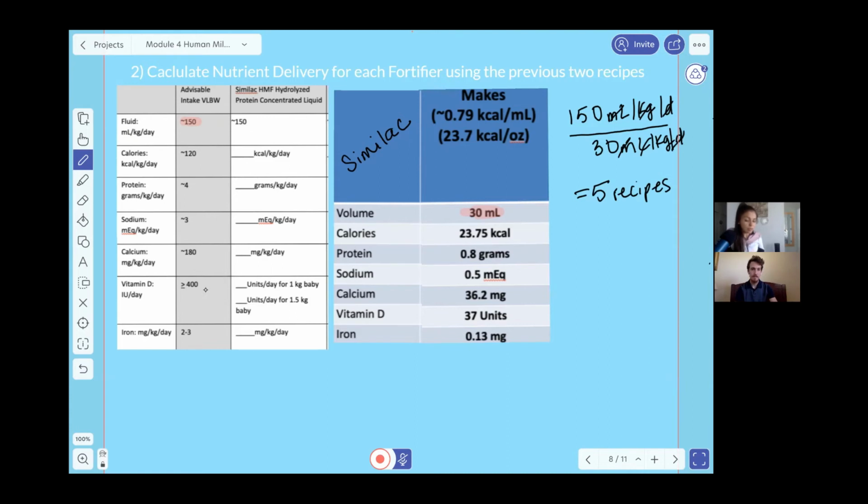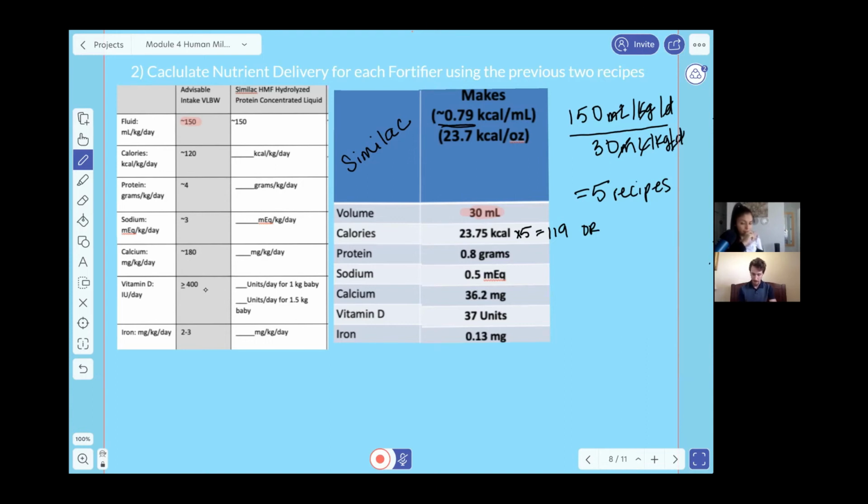So in our first column here, for calories, there's 2 different ways to do this, right, Nick? So you can either multiply your calories times 5, which gives us about 119, if I'm not mistaken. Mm-hmm. Or we could also multiply it by our handy dandy conversion factor over here that's already in milliliters, which was the 0.79, right? Yeah, so we would be multiplying the 0.79 calories per milliliter by the amount of milliliters that we're going to have, which on the left you have it highlighted there, it's 150.